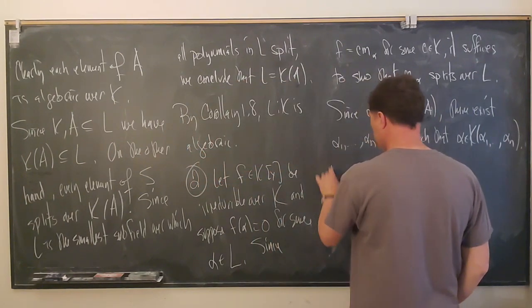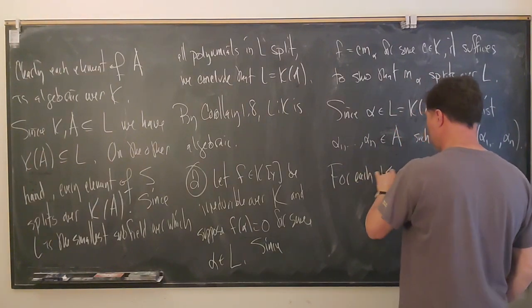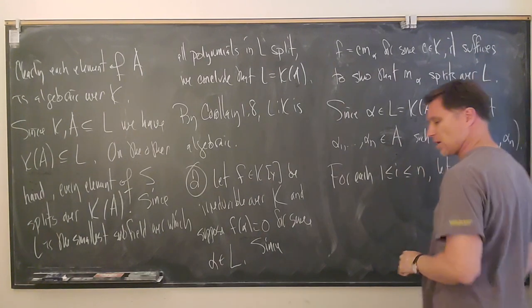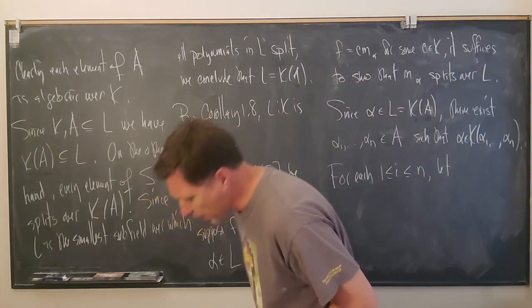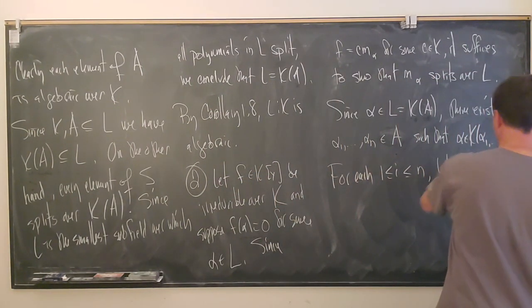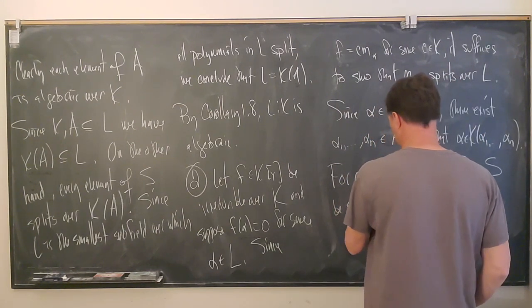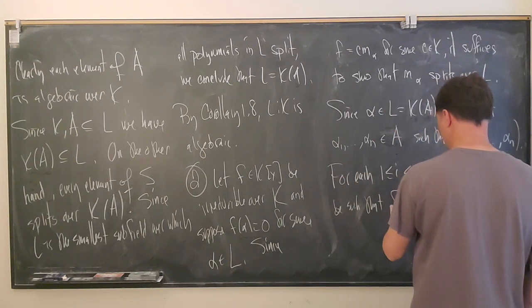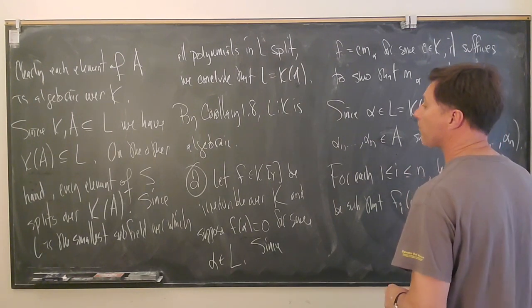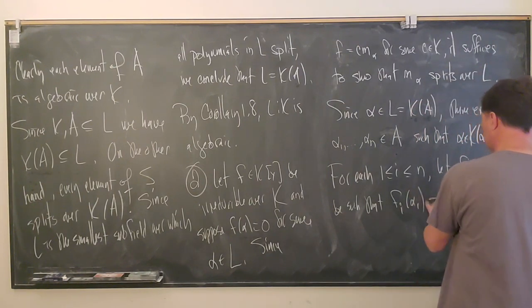Okay, so now for each i between 1 and n, let f sub i in capital S be such that f sub i of alpha i equals 0.